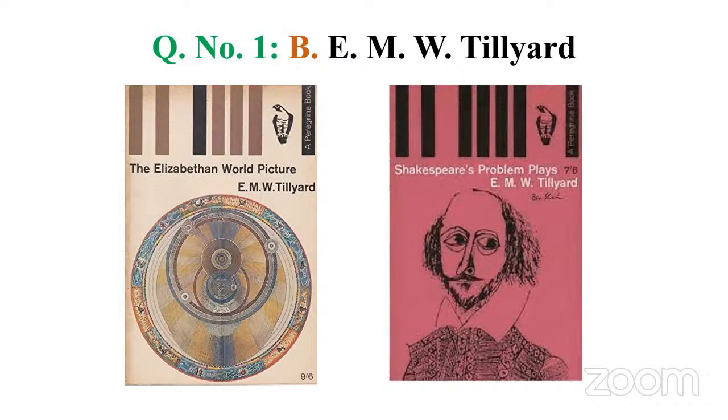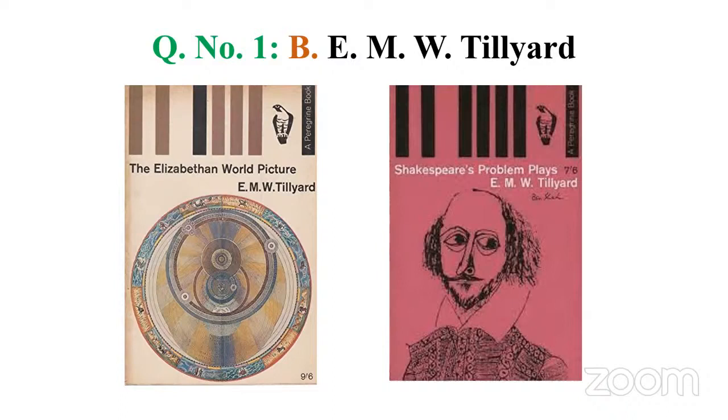Problem plays are certain works by Shakespeare that you can't categorize under a certain category. Initially he called All's Well That Ends Well, Troilus and Cressida, and Measure for Measure the problem plays of Shakespeare. Then he also added Hamlet to the problem plays.